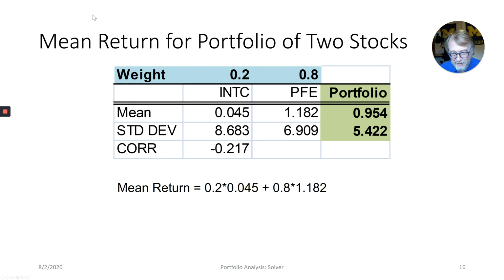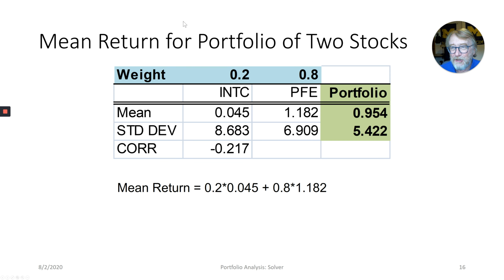The risk here is the standard deviation, 8.6 and 6.9, and the correlation is negative. If you can find negative correlations in your data, that is fantastic for portfolio optimization and for diversification. That means when Intel tends to be up, Pfizer tends to be down, and vice versa. If Pfizer tends to be up by a little bit, then Intel tends to be down by a little bit.